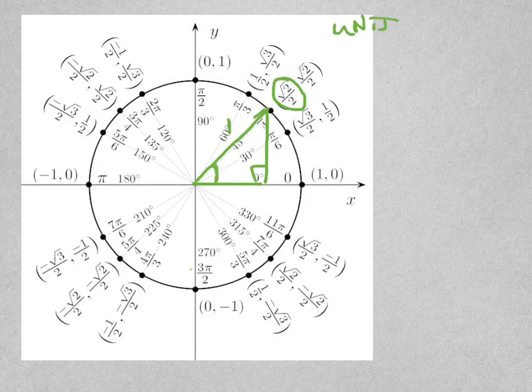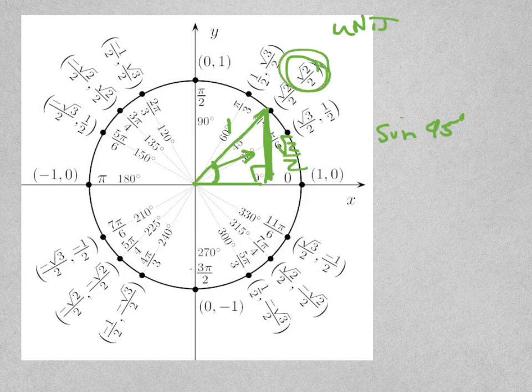So what's the sine of 45 degrees? The sine of 45 is the opposite side, which is your y-coordinate because you're going up. That value right there, root 2 over 2, divided by your hypotenuse, which is always 1 because that's the radius of the unit circle. And so your sine of 45 is root 2 over 2.